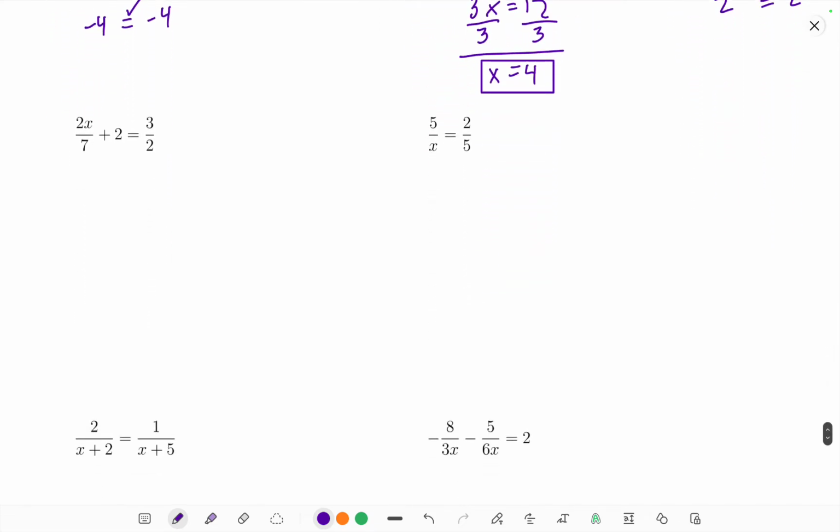Okay, next one. There's two denominators now, so I need to find the LCD. The LCD between 7 and 2 is 14. So multiplying everything by 14. Then we distribute. Then we reduce.